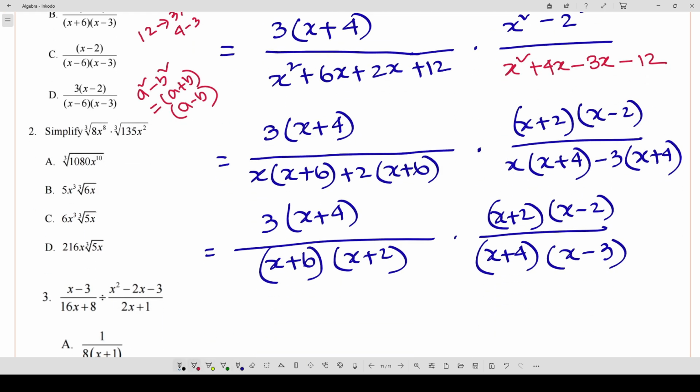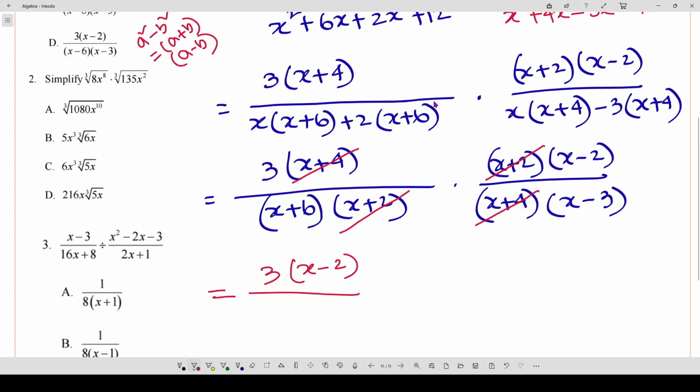Now we can divide something, like x plus 4 divided by x plus 4 will be 1, it means this is out. X plus 2 we can divide by x plus 2, it's out. And finally we get 3 times x minus 2 divided by x plus 6 times x minus 3, and this is our answer.